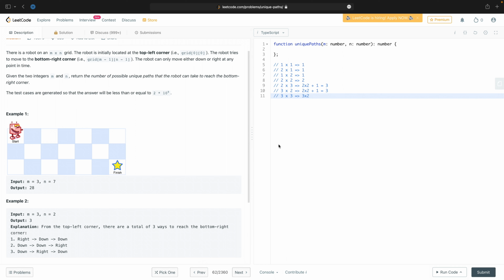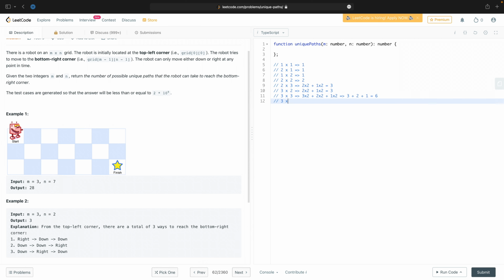You have another way to enter into a 2 by 2, plus another way to enter into a, oh, that's a 1 by 2, isn't it? So that's what each of those are. So a 3 by 3 is a 3 by 2, which is a 3, plus a 2 by 2, which is a 2, plus a 1. Which is 6.